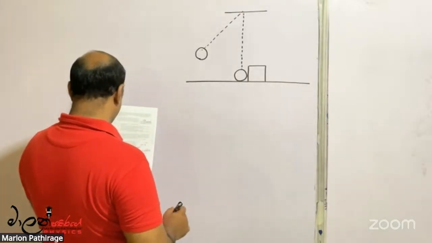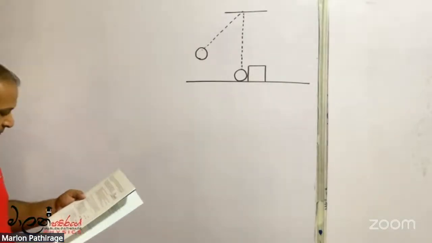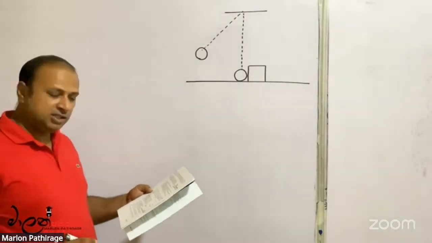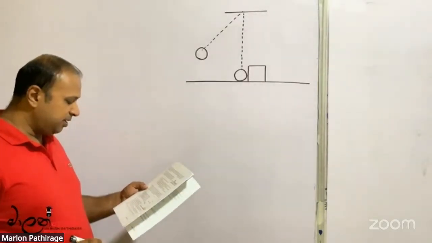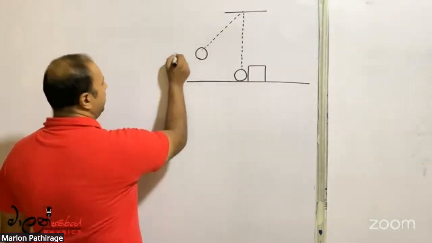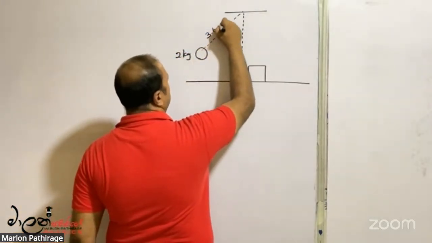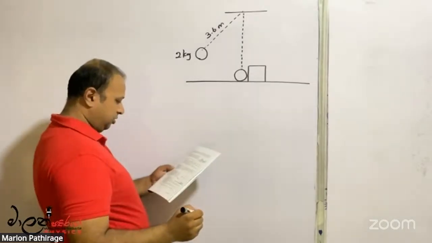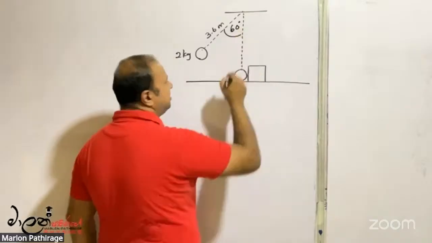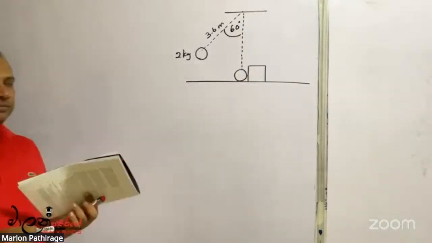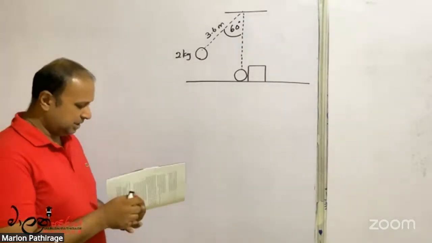A 3.6 meter long light inextensible string is attached to a fixed support at its upper end and a 2 kg mass is suspended from its lower end. Here is the 3.6 meter long string, which is inclined 60 degrees to the vertical, and this one is the 1 kg mass.